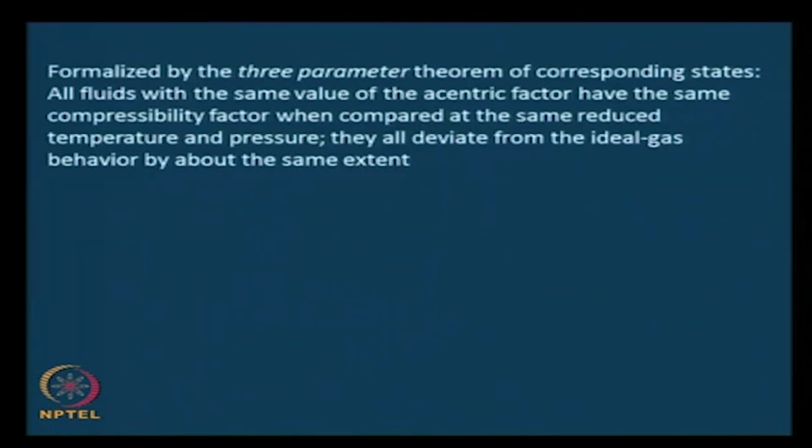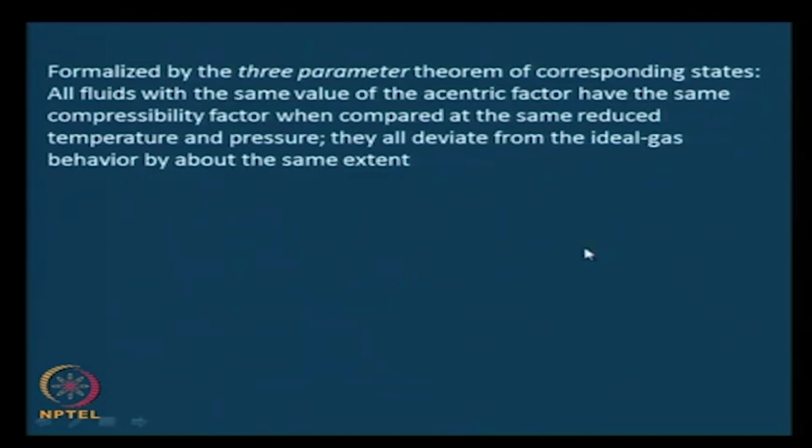And this led to the 3-parameter theorem of corresponding states, which said that all fluids with the same value of the acentric factor have the same compressibility factor when compared to the same reduced temperature and pressure. In other words, they all deviate from the ideal gas behavior to the same extent.